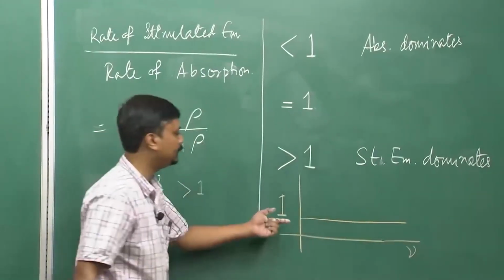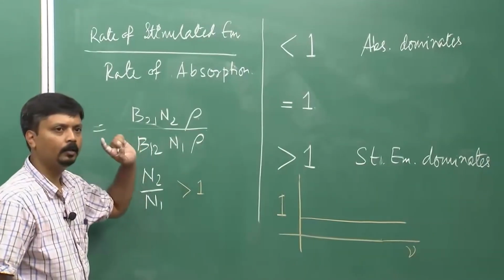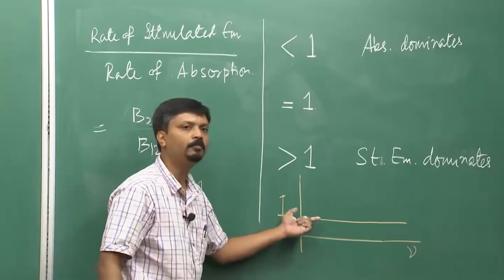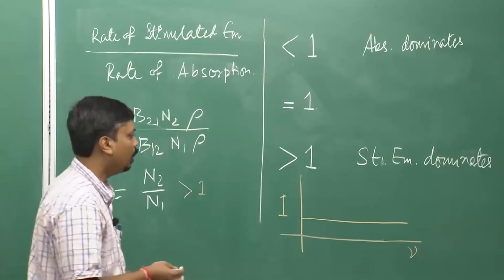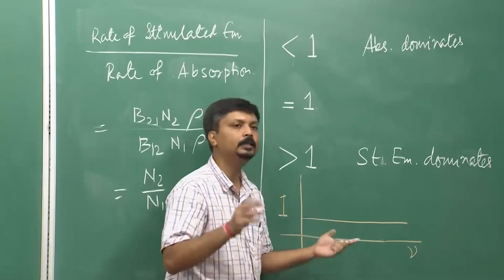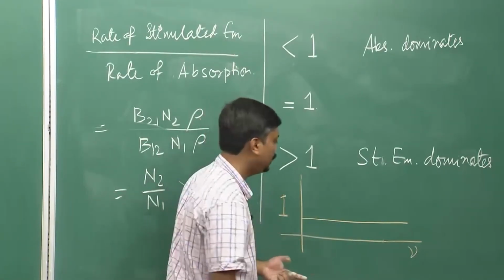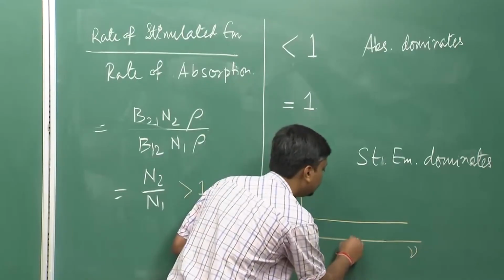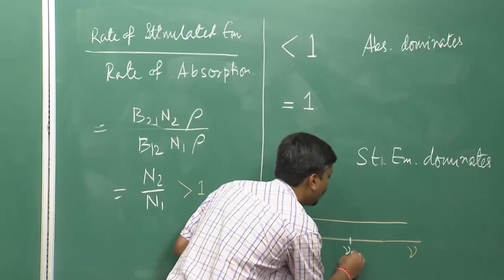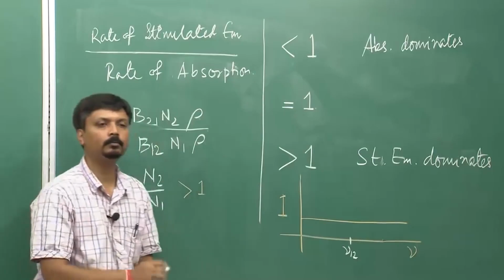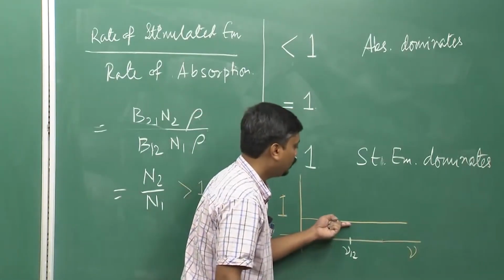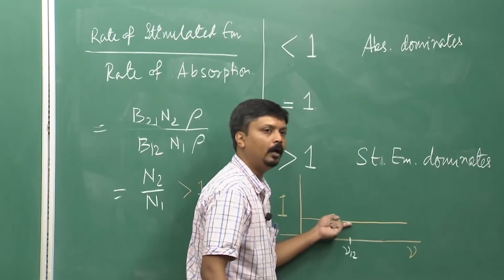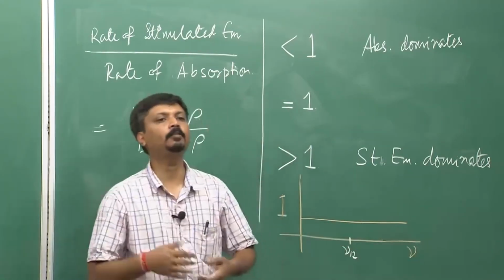Whatever be the scale of intensity, that is flat. Now, our concern is at a particular frequency, correct. So, let me put this as nu 1 2 as we have been using. Here I do not have any kind of amplification.